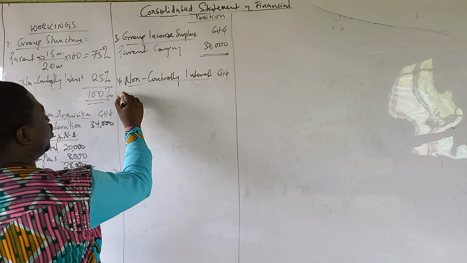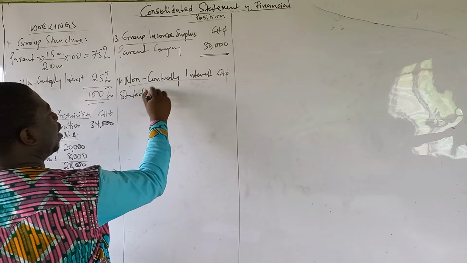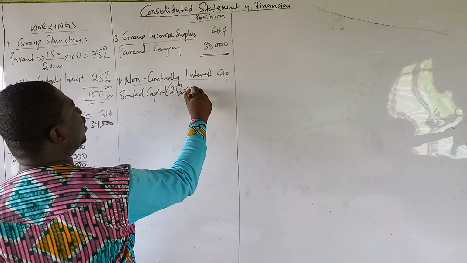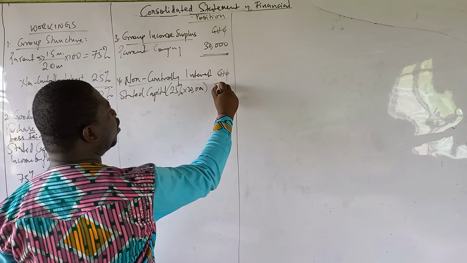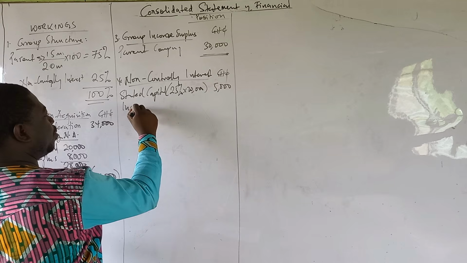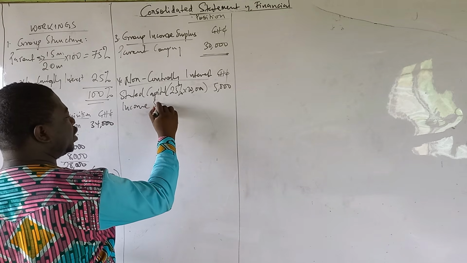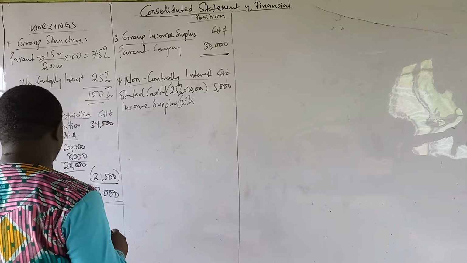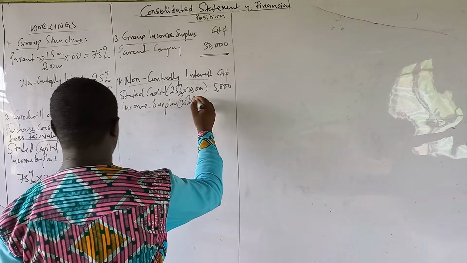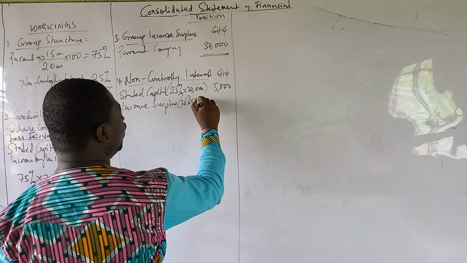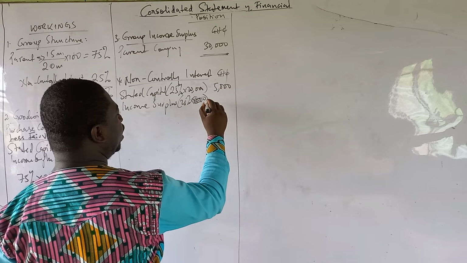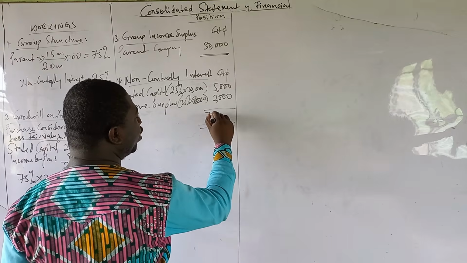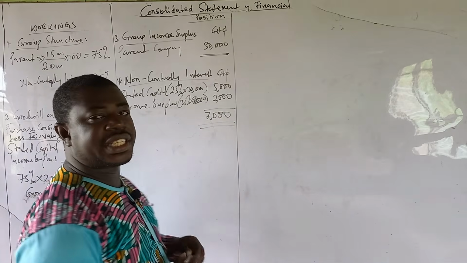So when we come here, with the stated capital, they have 25% of 20,000, and that gives them 5,000. And then with the income surplus, if there was any other item of equity, we would have found 25% for them because they own 25% of the equity shares. So that is 25% of 8,000, and that is going to give us 2,000. So when we add the two, our non-controlling interest total value will be 7,000.